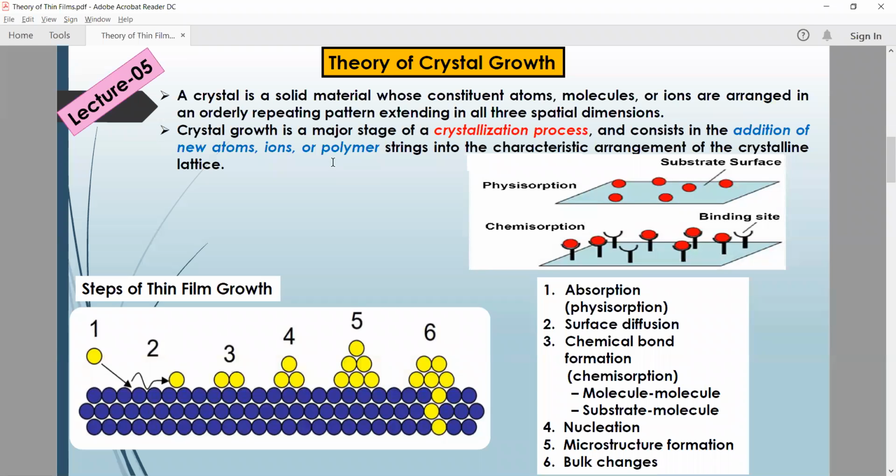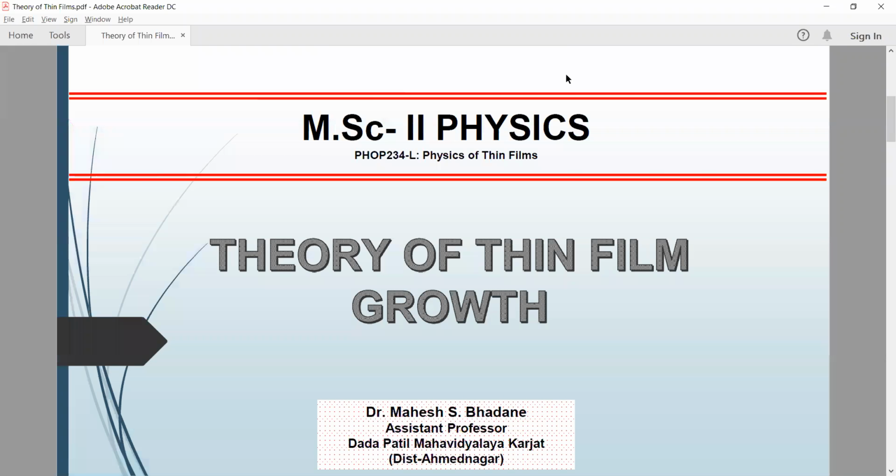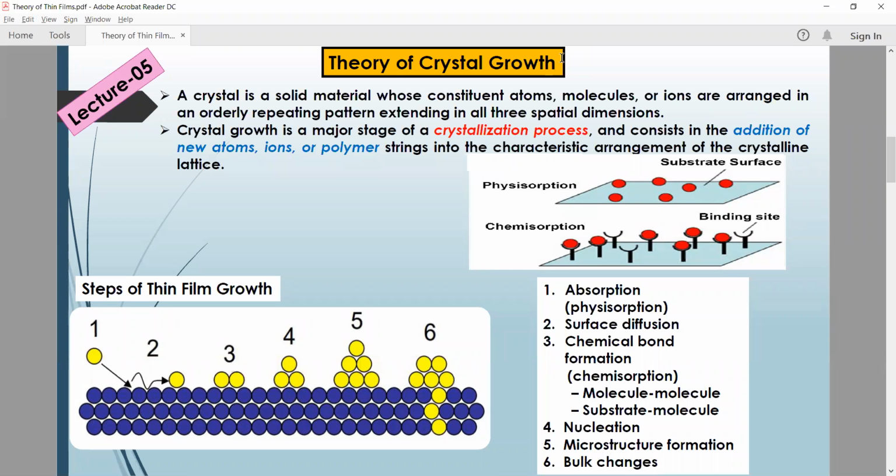Okay, but keep in your mind that the crystal growth process is not that easy a stage. Getting my point? The crystal growth process is not that easy a stage, because of that it is called a major stage.